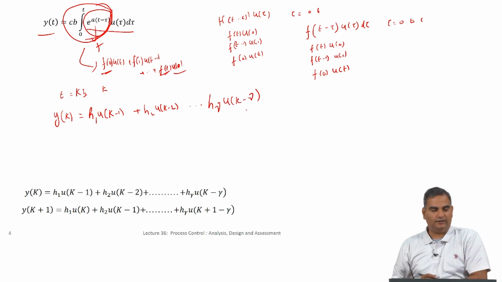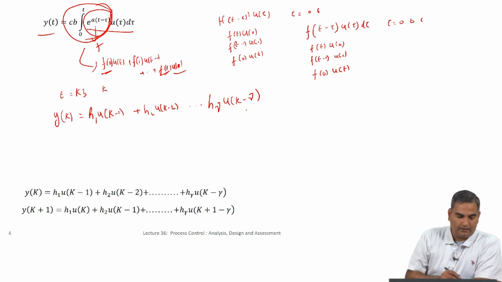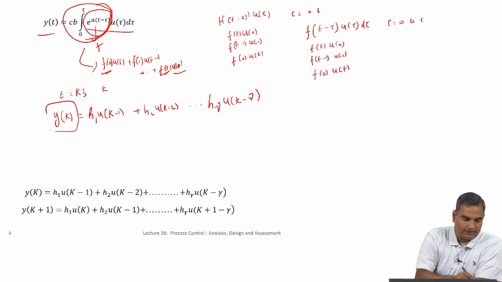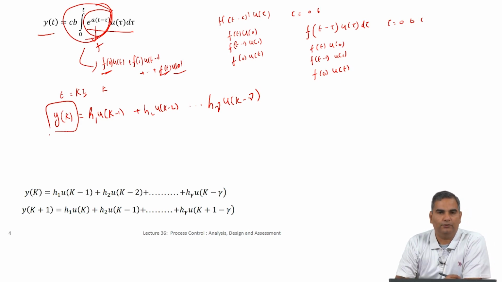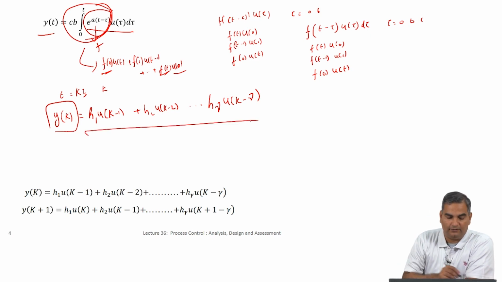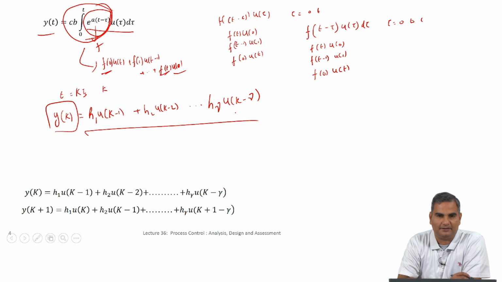So, what basically this says is the current output that I have is a function of all the input moves that have been made in the past, okay, that is number 1 here. So, all of these are input moves that are made in the past with respect to k, right, because this is k minus 1, k minus 2, k minus gamma and so on.